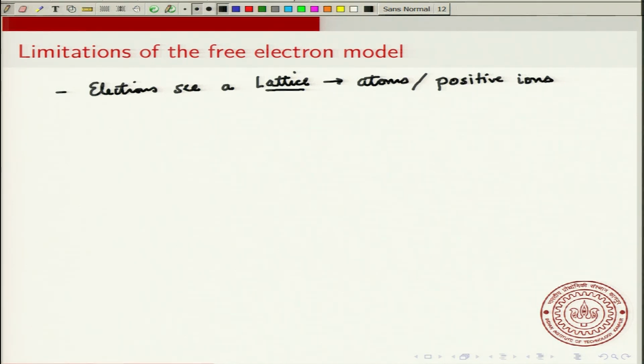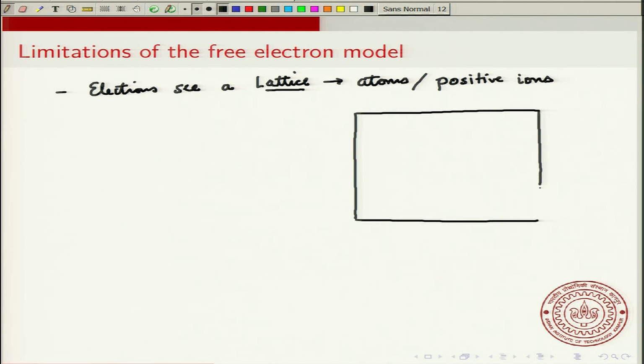And so what this picture of the metal will look like is the following. Even if the valence electrons were allowed to roam around in the crystal, they would see a lattice of positive charges. Even if they are allowed to go around within the crystal, they won't be able to freely move, they will keep seeing the lattice.